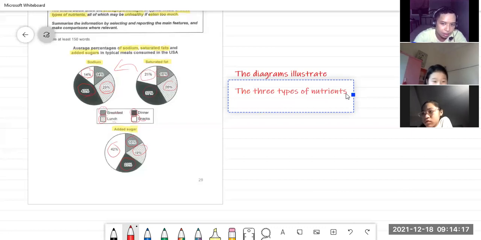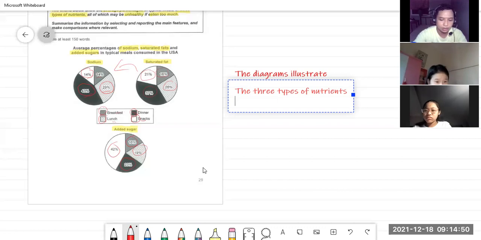Okay, so these are the types of nutrients that are consumed. Are these typical meals or not typical? Can you answer? Do you understand the meaning of typical meals? Yes.